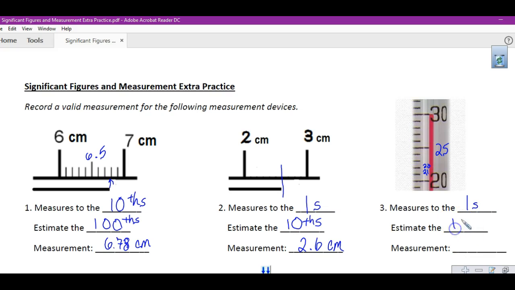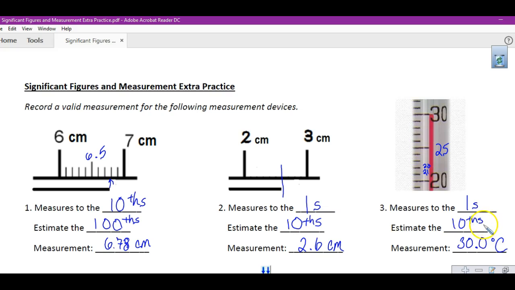So then we are going to estimate the tenths. It looks to me like our reading is right on 30. So we can't just write 30, we have to write 30.0 because we have to have a digit in the tenths place. Even if that digit is 0, we have to show that estimated digit.